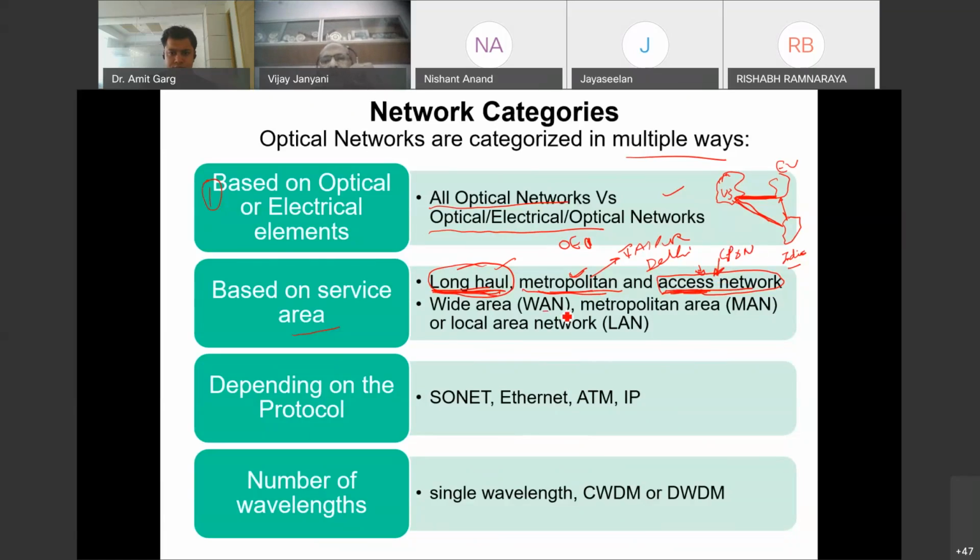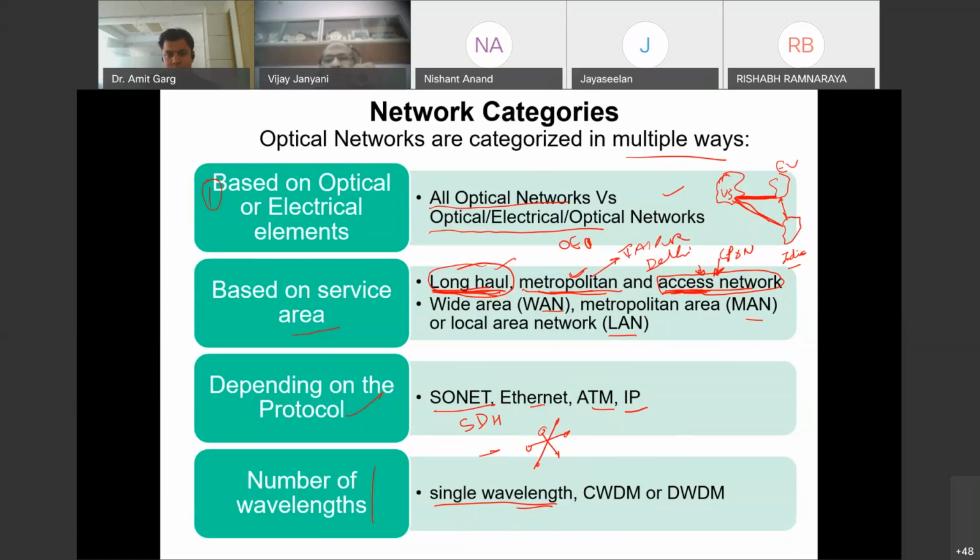Similarly, you can have LAN, WAN, and MAN. Depending on what protocol you are using, you can have SONET, SDH, Ethernet, ATM, IP, or different networks. Number of wavelengths, single wavelength. If you have a network connected like this, but only a single wavelength is there, then you can call it a single wavelength network.